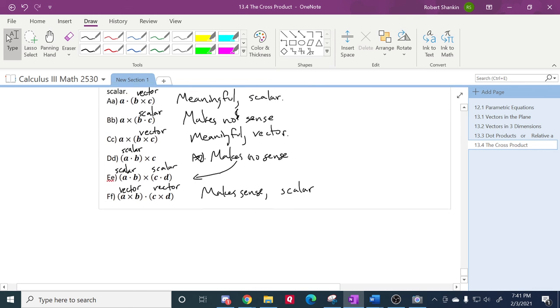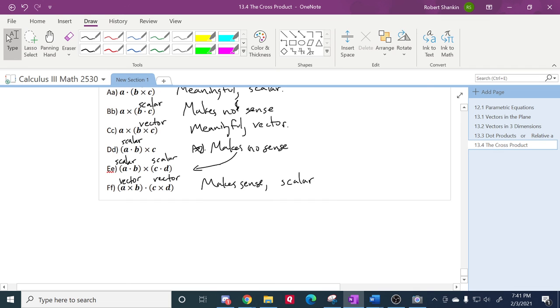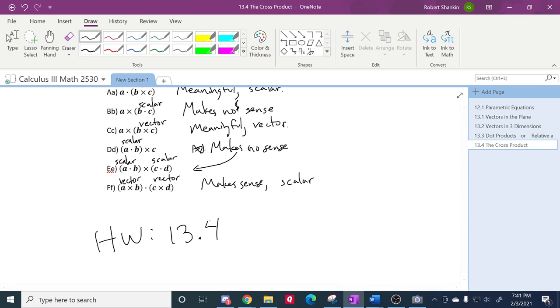And that takes us to the end here. So the homework is 13.4. Reminder, on graded homework, if I mark something wrong, you can upload into the same file that you uploaded the homework in. You only need to upload the part that you corrected.